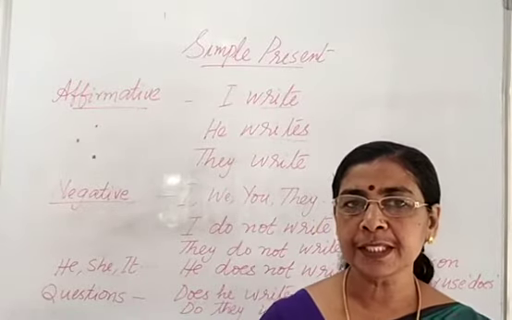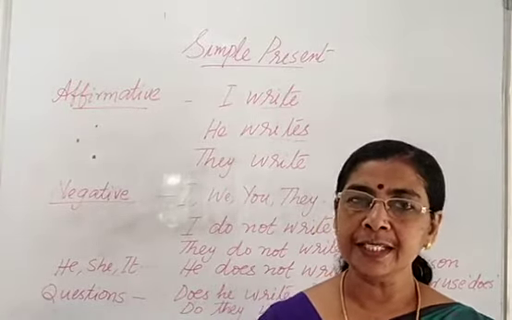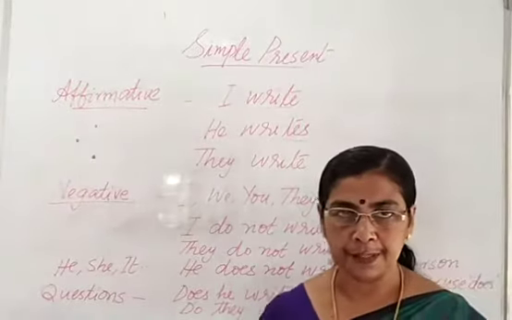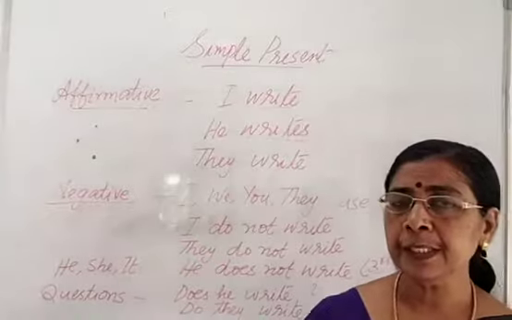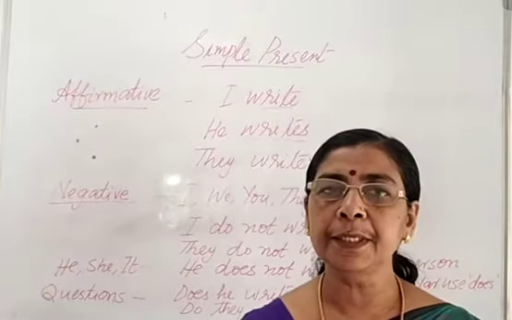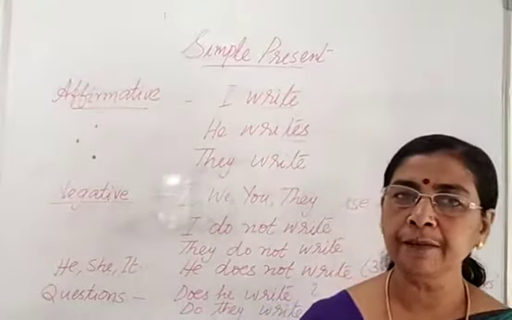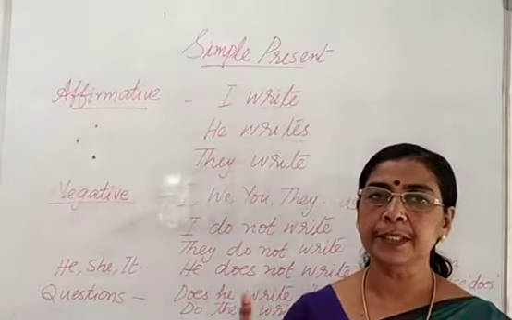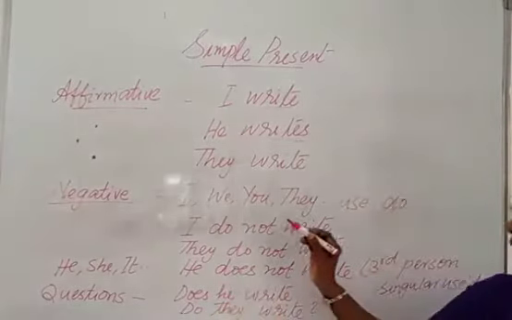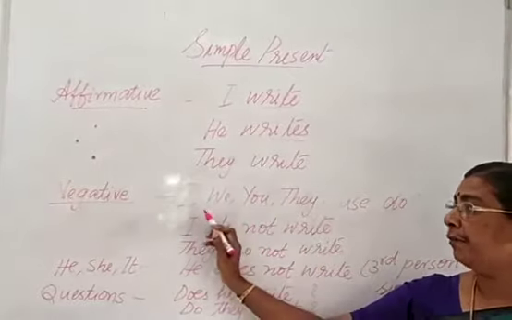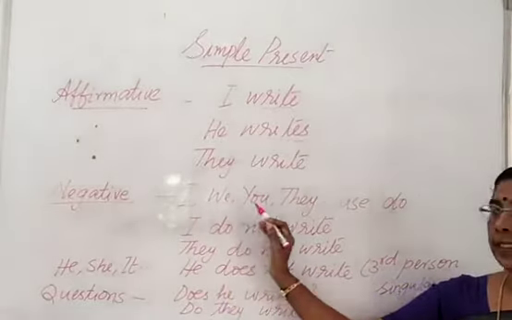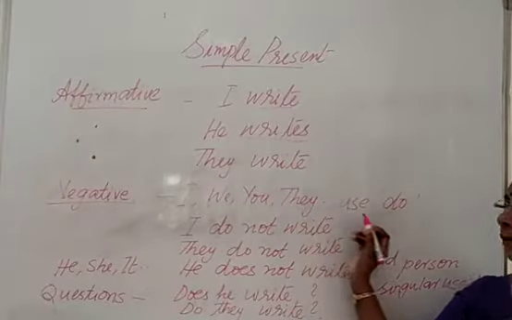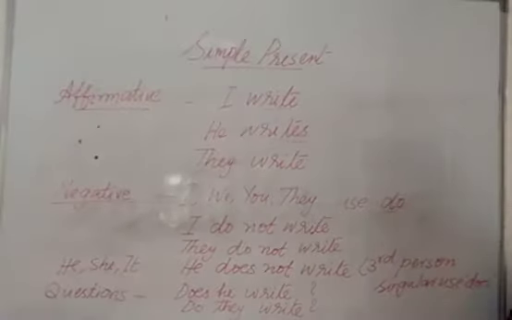But in that, they is third person plural, so they will come along with first and second person. So to make it negative, for I, we, you, and they, we add do here.